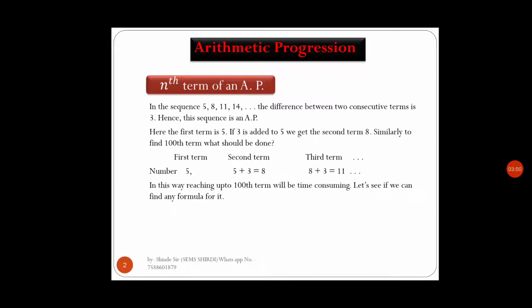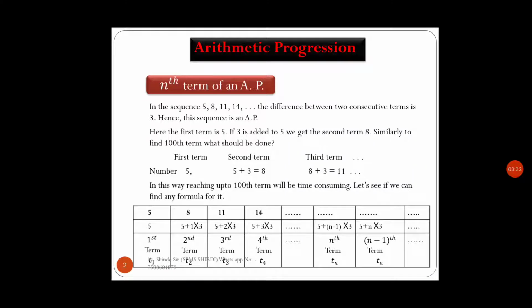Again we add 3, we get the next term. Like that up to the 100th term we find out. But for this calculation, we require more time. To reduce the time, we can find one formula.